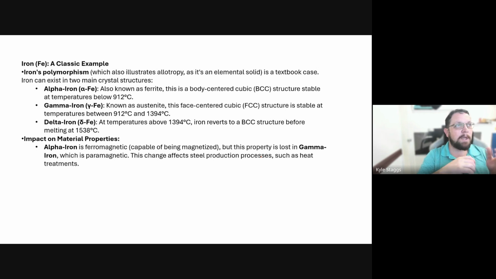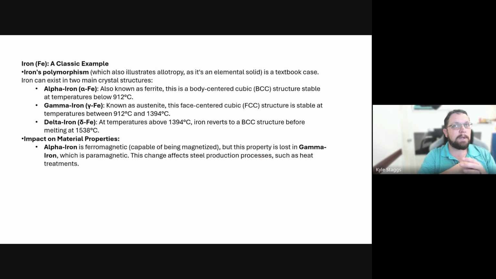So alpha iron is ferromagnetic. You are familiar with this form of iron because it's very common for cast irons to be in the alpha iron form. The material can't be magnetized in gamma iron, which is paramagnetic.